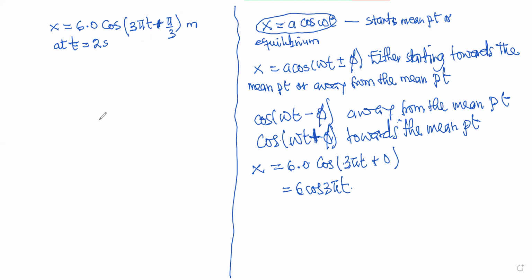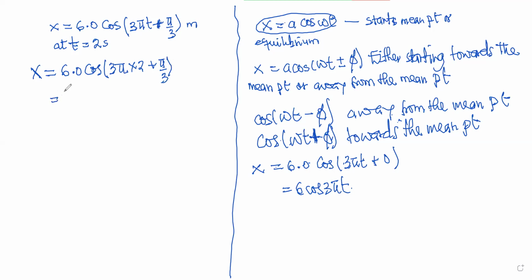So to determine the displacement at t is equal to 2 seconds, all that I do is substitute the time given into the equation. Wherever you see t, substitute 2.